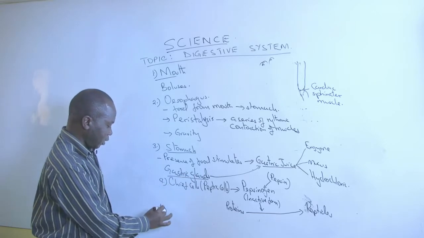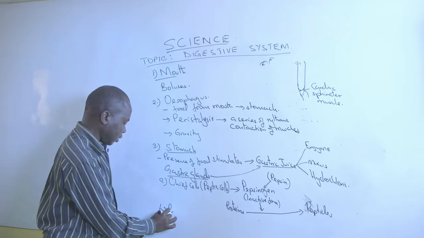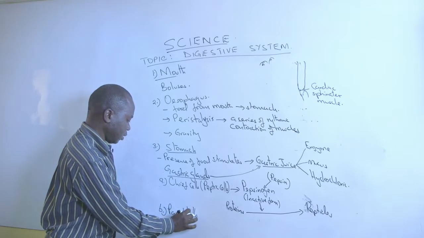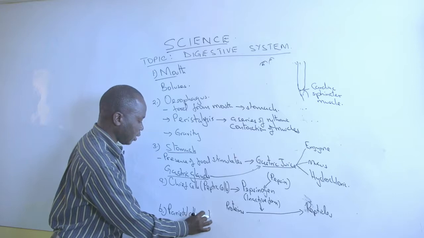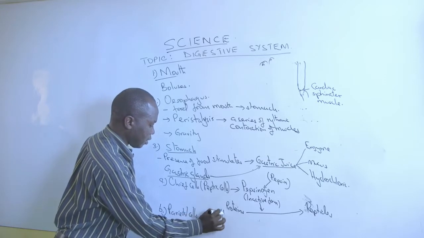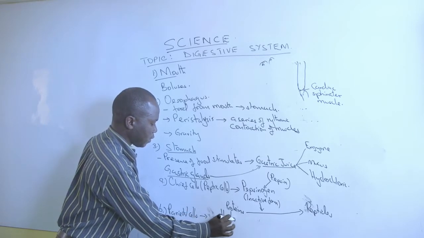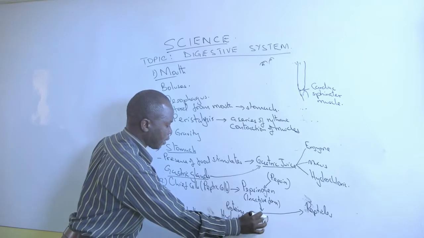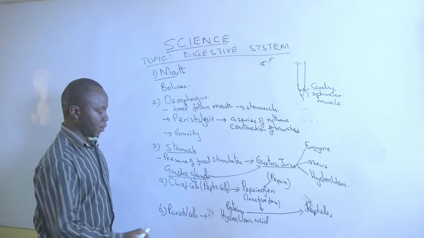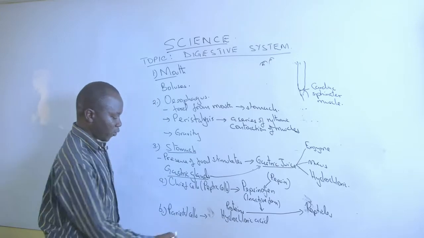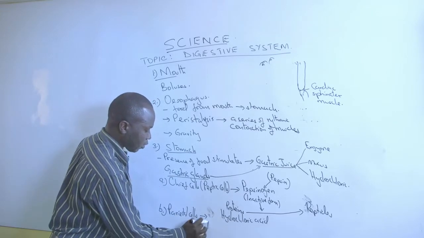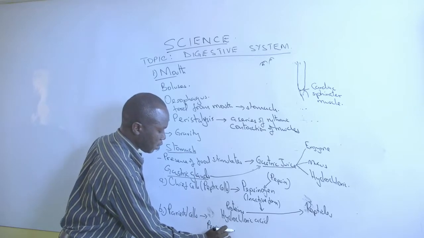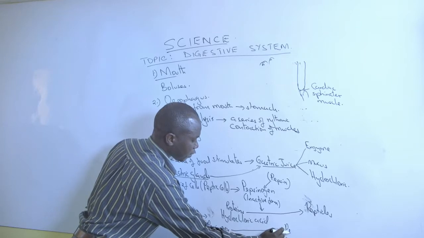So we have cells in gastric glands called parietal cells that secrete hydrochloric acid. So we have said one role of hydrochloric acid is converting pepsinogen into pepsin.